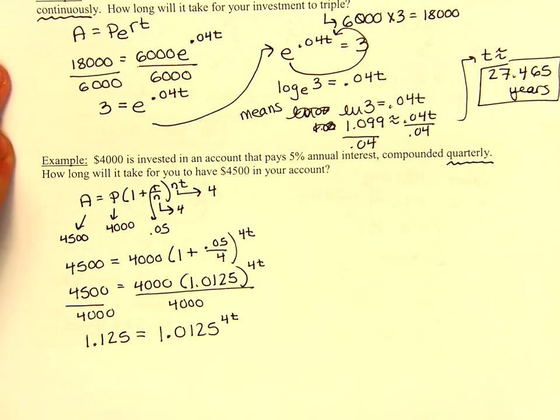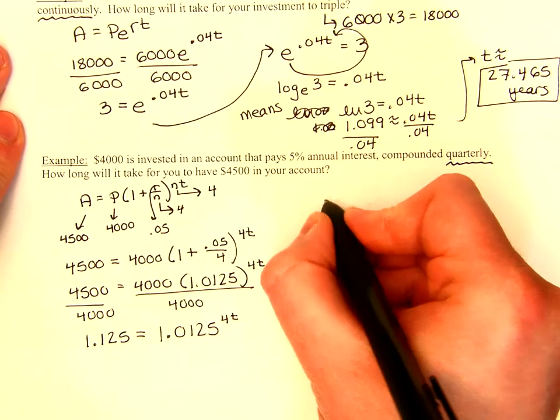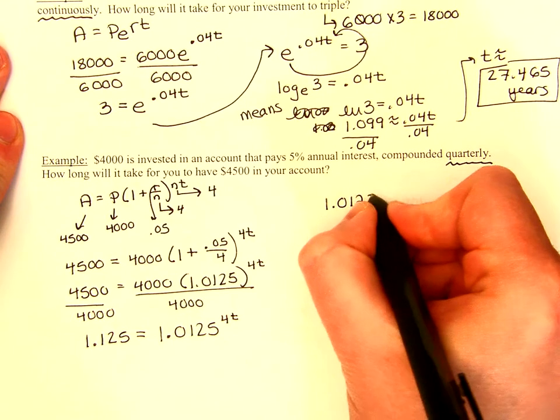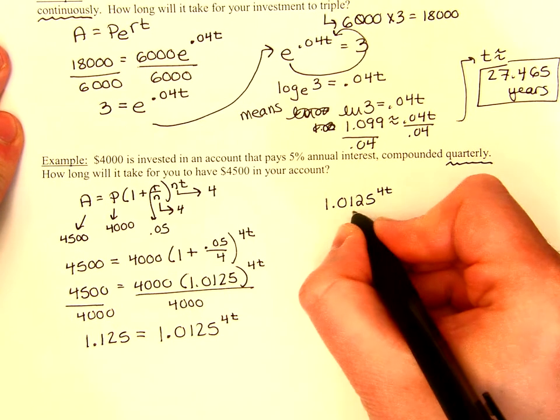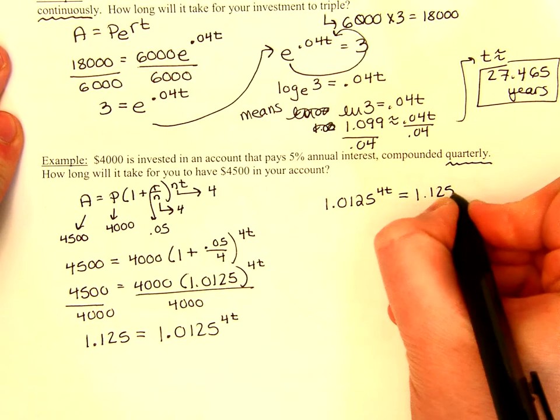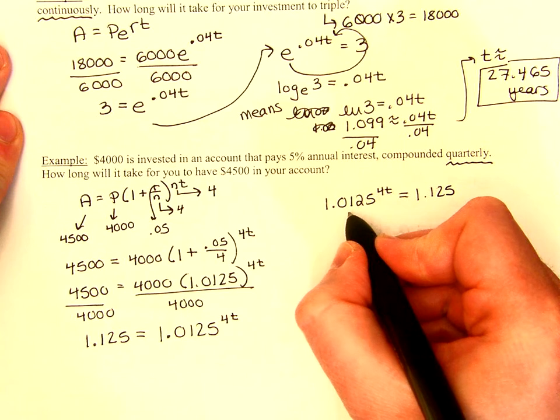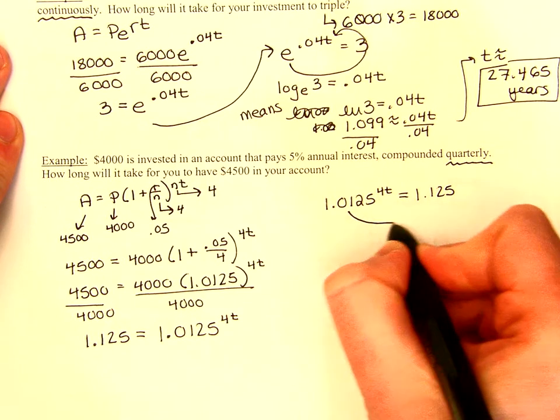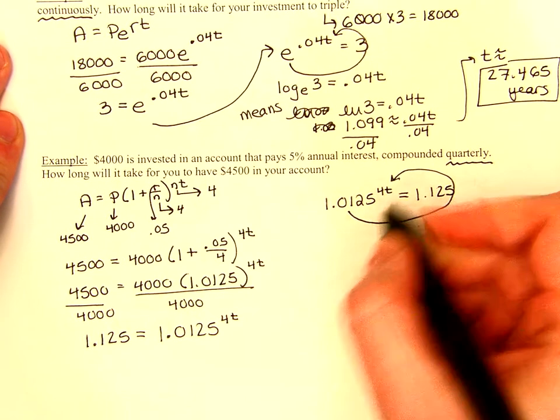I'm going to switch the sides around so I can use Mrs. Eburn's circle trick here. 1.0125 to the 4t equals 1.125. Rewrite it in log form, log base 1.0125 of 1.125 equals 4t.